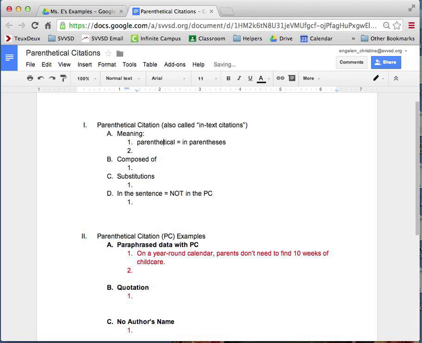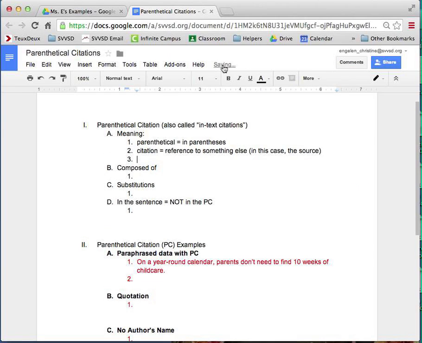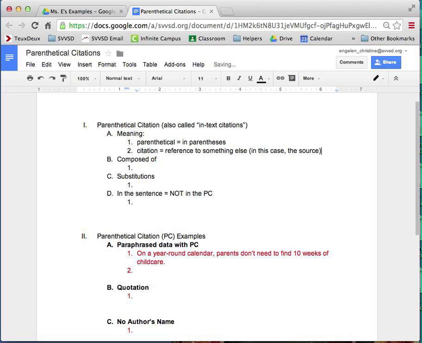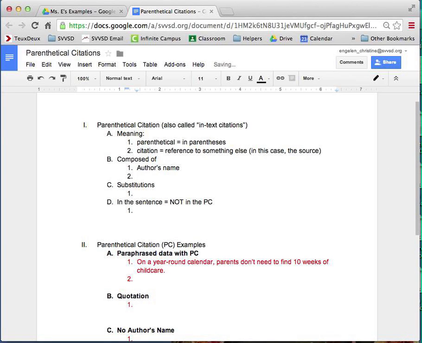So parenthetical is an adjective that just means in parentheses. And a citation is just a reference to something else, which in this case is the source that you are referring to.